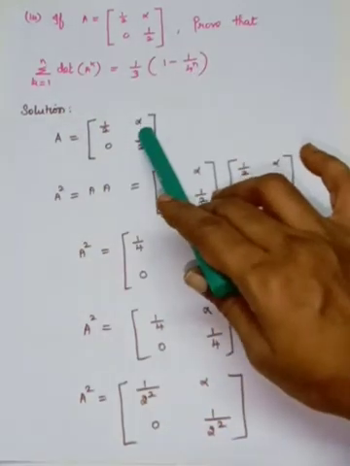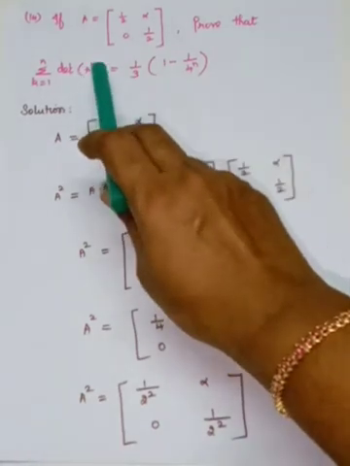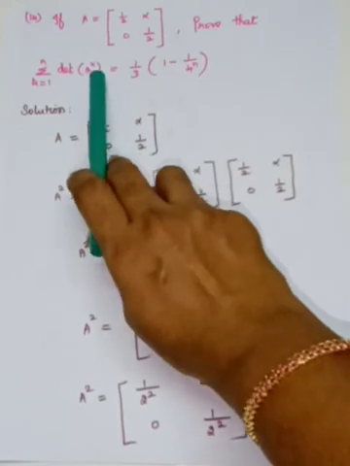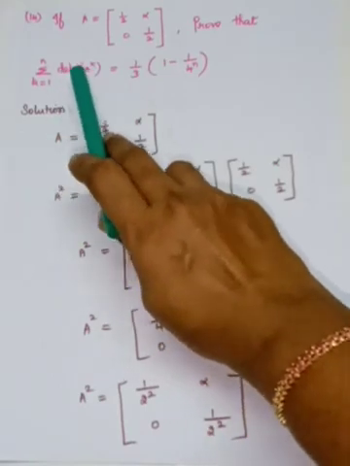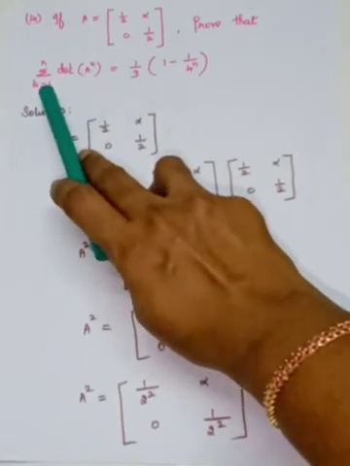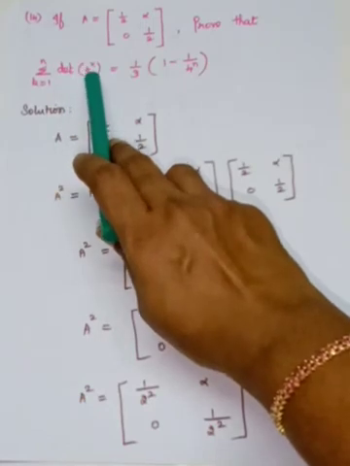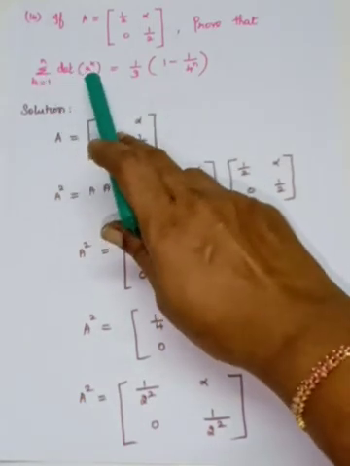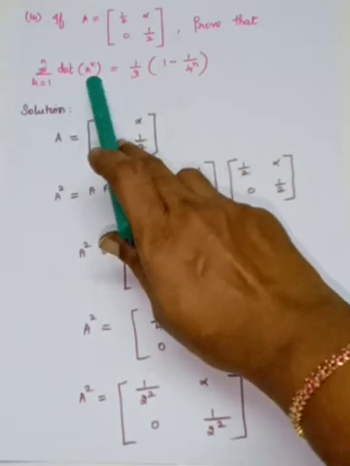So A is written. Here A power k is there. If you substitute k as 1, it is determinant A. When I substitute k is equal to 2, it is determinant A squared. If you substitute k as 3, it is determinant A cube.